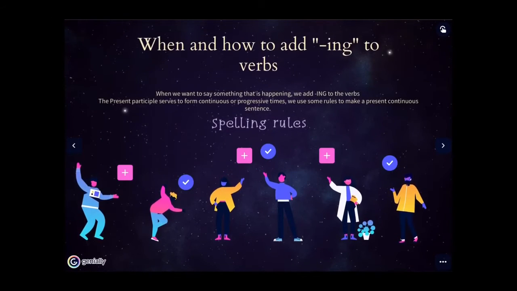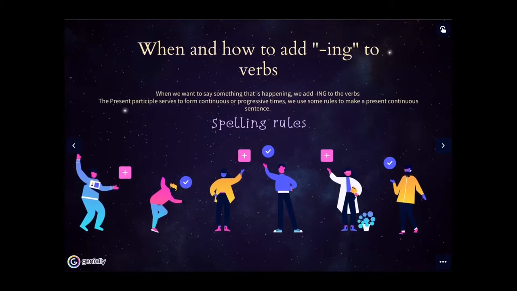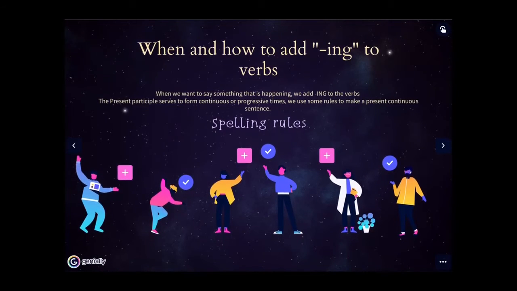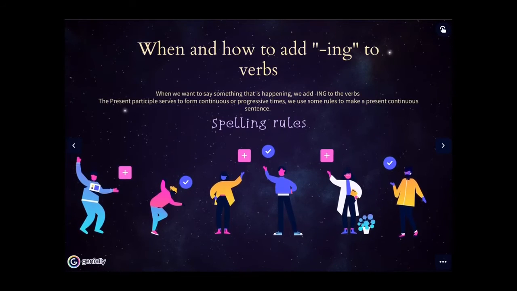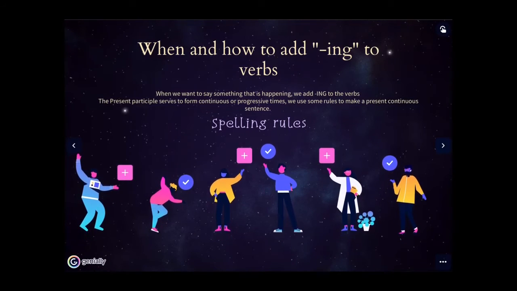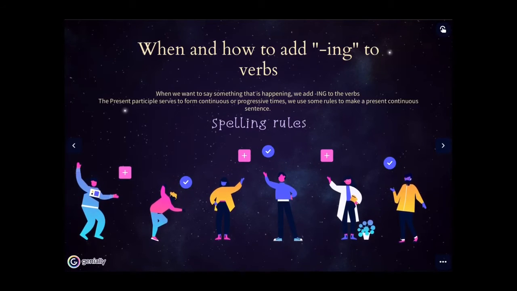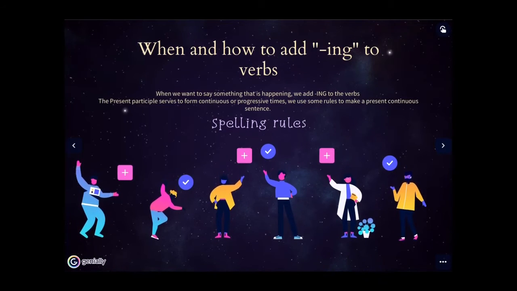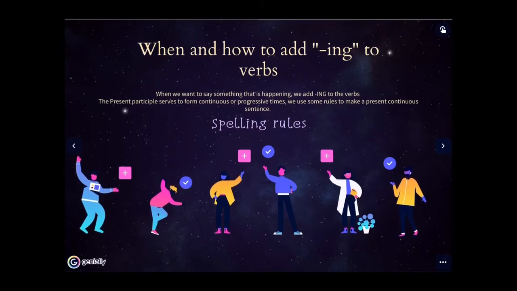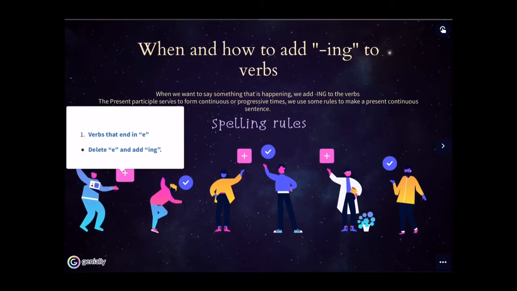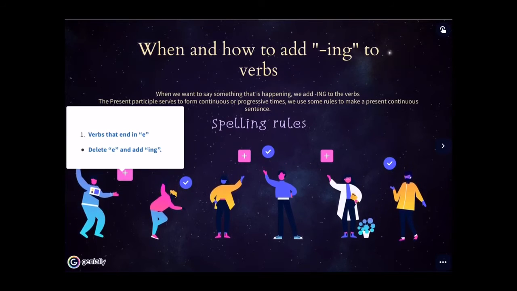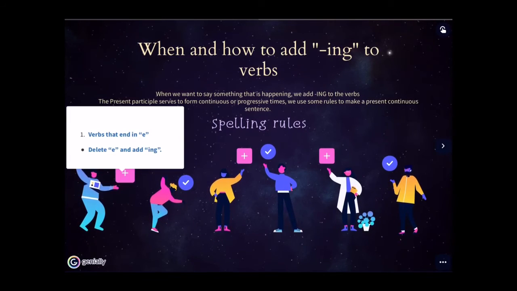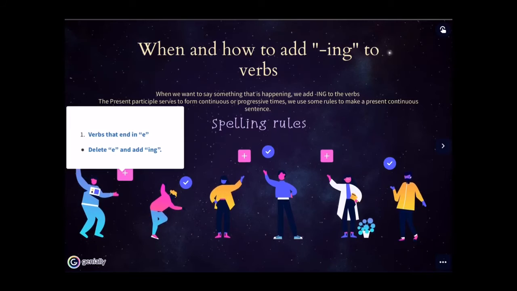Then we have some spelling rules, and how to add the ing to the verbs. The first rule is that when the verbs end in e, we erase the e and add ing.